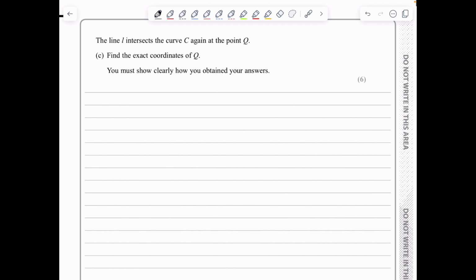So at the moment we've got the parametric equations that describe a curve C. x is 2 cos t and y is root 3 cos of 2t. And we also have that 2x minus 2 root 3 y minus 1 is 0 is the equation of the normal. So I need to solve this simultaneously, and it makes sense to substitute the parametrics into the equation of the normal to get an equation in t.